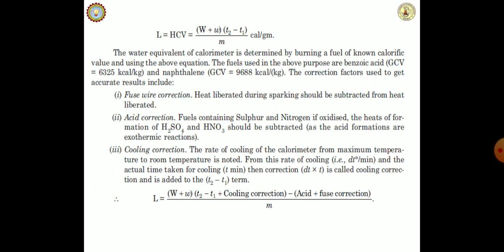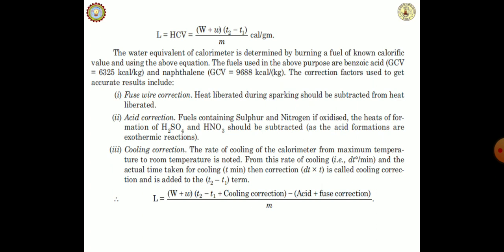The formation of sulfuric acid and nitric acid is an exothermic reaction, which means it produces some amount of heat. This heat is also included in the higher calorific value.